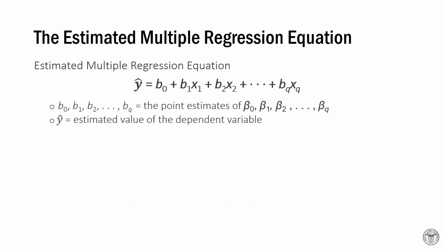The predicted values of the dependent variable y are calculated by inserting the values of the independent variables x1, x2 to xq into the estimated multiple regression equation.